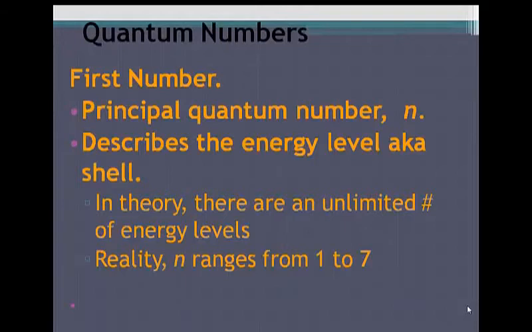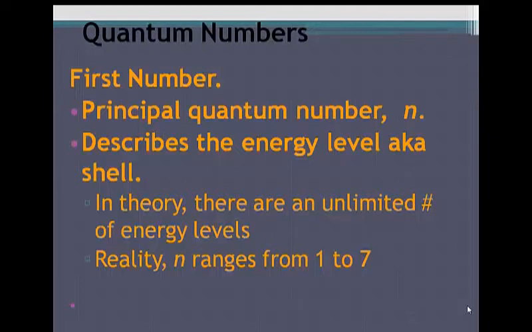The first quantum number, which is the most important for us, is called the principal quantum number. Another way that it's portrayed is with just a small n. This describes the energy level that the electron is in, also known as its shell.